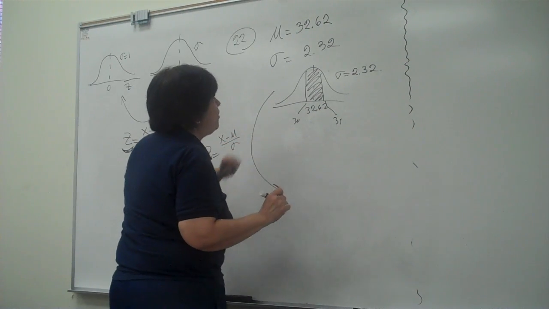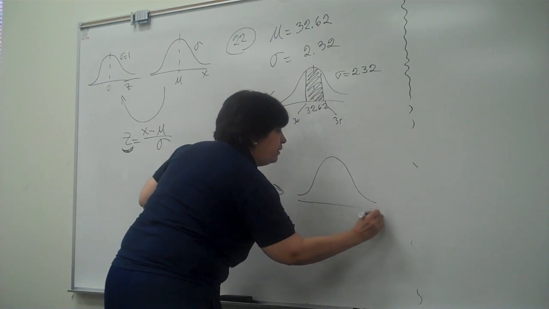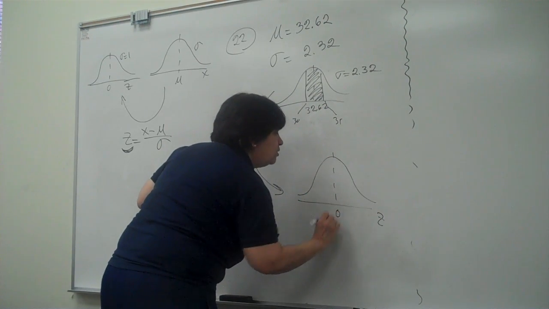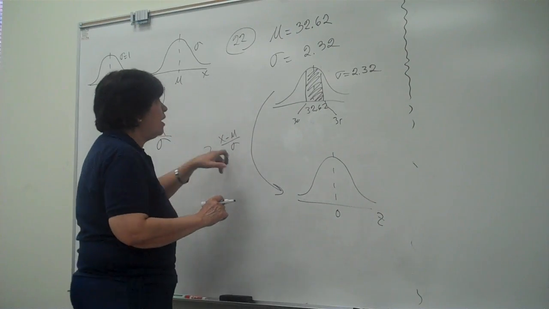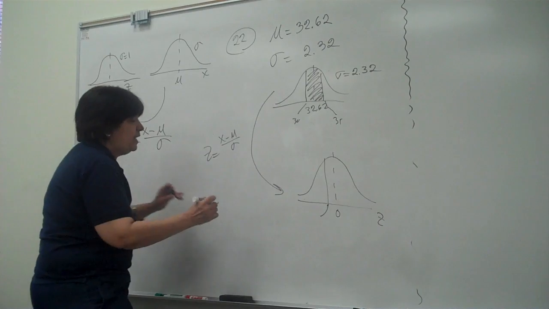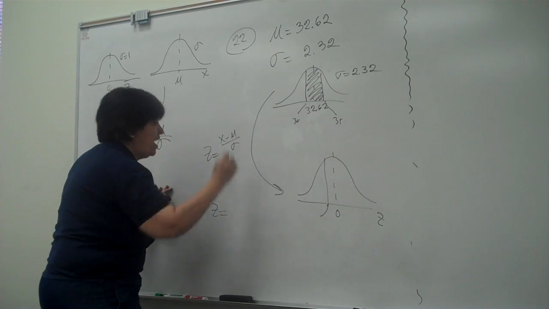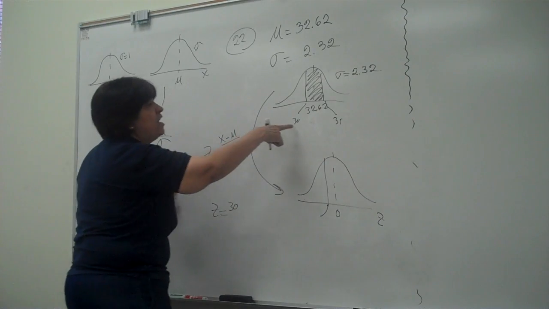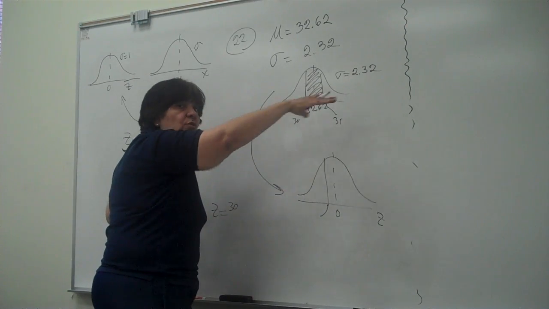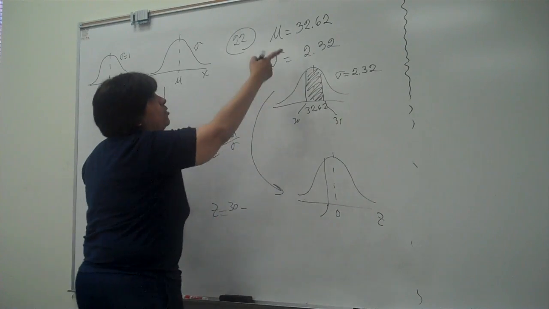So, what is my 30? So, I'm going to translate this into the Z with mean equal to 0. Okay, what is this 30 over here? That's the Z that I'm going to take. Is X. What is X? 30. That's the value of the 30 that I'm looking for in these X's. Minus mu. What is mu?